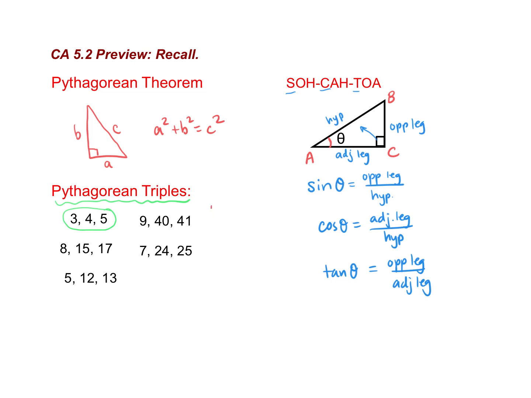So we could be looking at a right triangle that has, again, the 2 smaller sides would be the legs. So we might have a 3 here and a 4 here, and then the biggest side would be the hypotenuse. So if you did 3 squared plus 4 squared, that would equal 5 squared. So we could do that with all of these sets of 3 whole numbers, and we would have nice right triangles to work with. So you may become familiar with some of these more common, what we call Pythagorean triples.